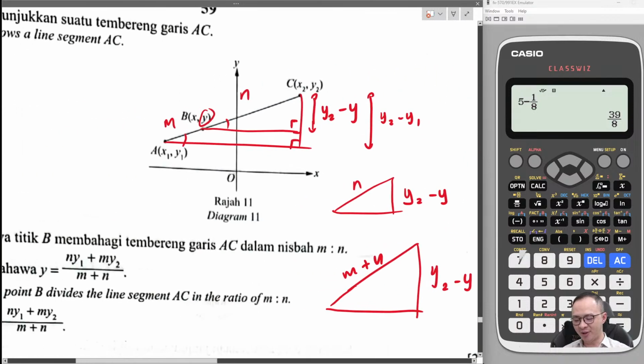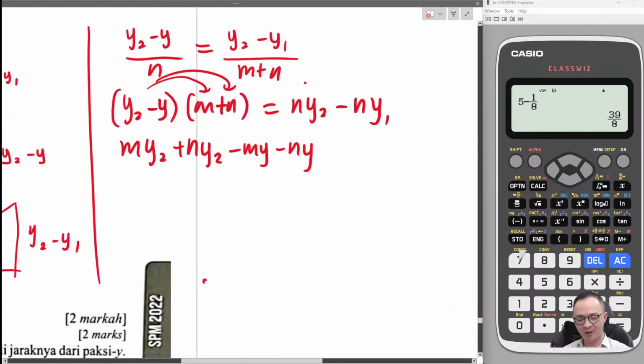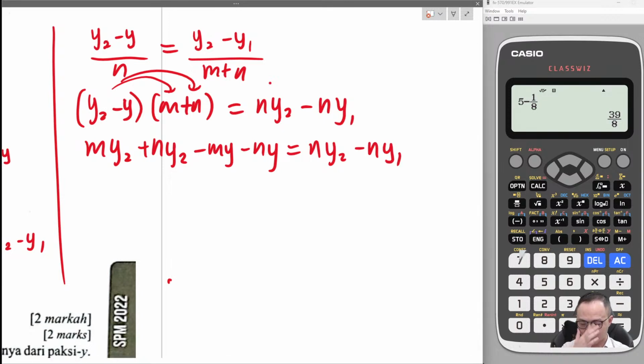So, does the formula have all the y1, y2 and all that? Yeah, I think so. Okay, we put whatever has y2 together. This is my plus ny.